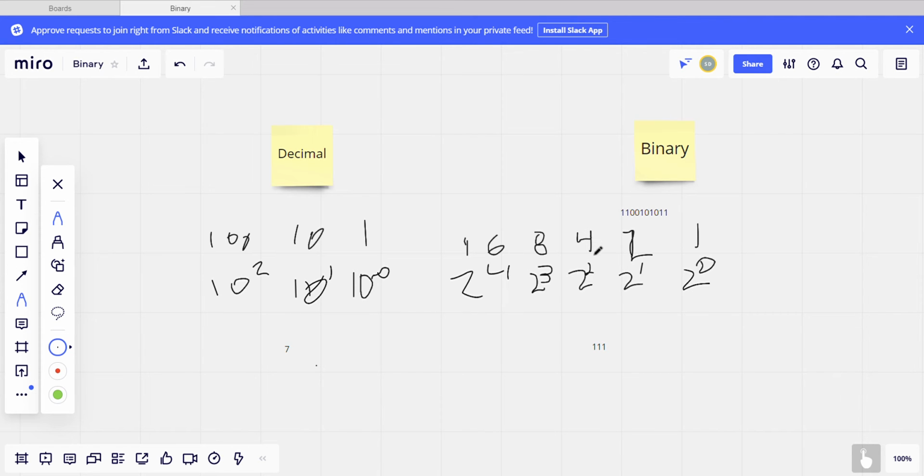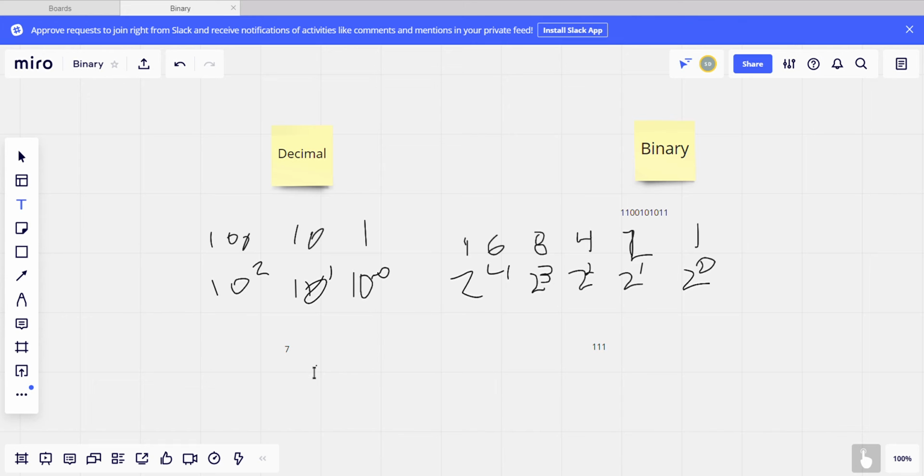So then we can look at 4, 2, and 1 and say, what do we want to put? We can say, 4 plus 2 plus 1 is 7, so we want the 4 on, the 2 on, and another 1. So we can write it as 1, 1, 1 in binary. For example, the number 6.